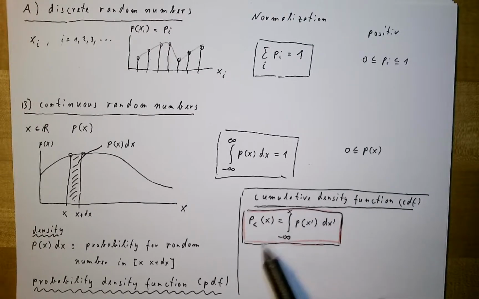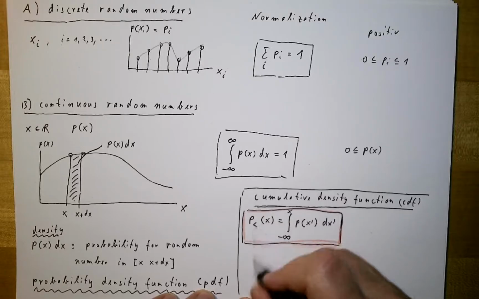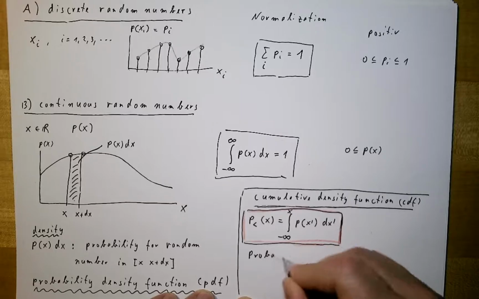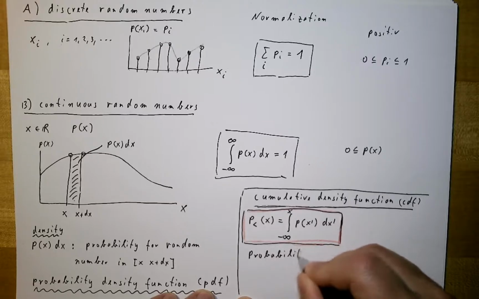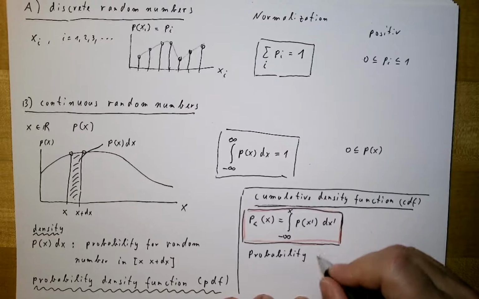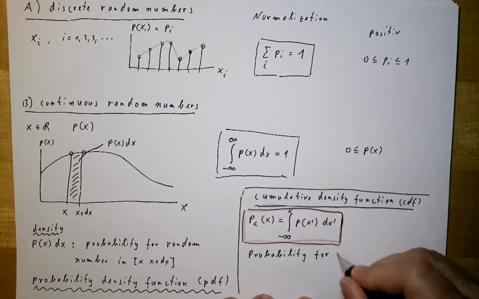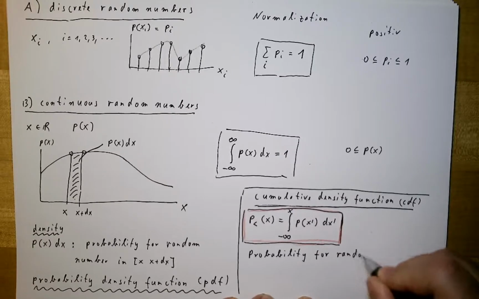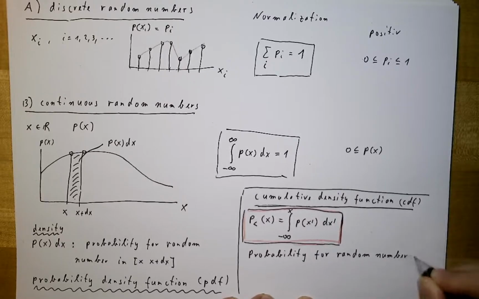And since this is an integral over our probability density, this p smaller is really a probability. We can really interpret this value as the probability for a random number that is smaller than x.